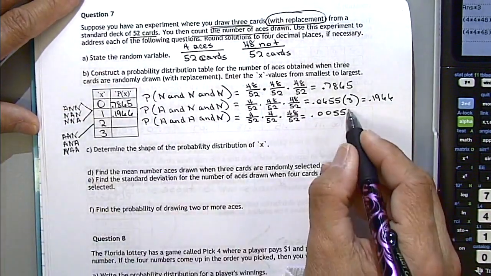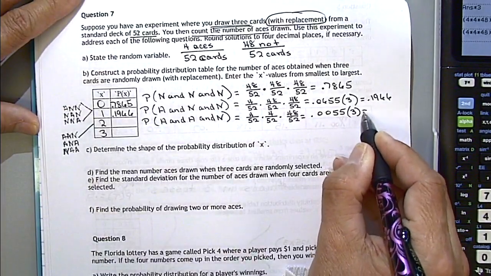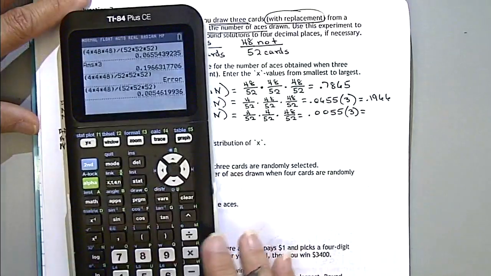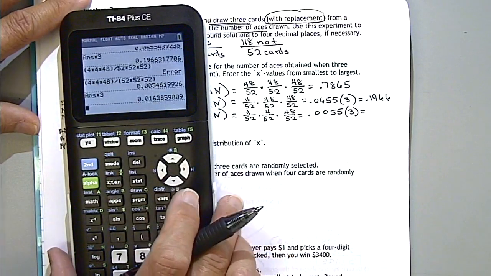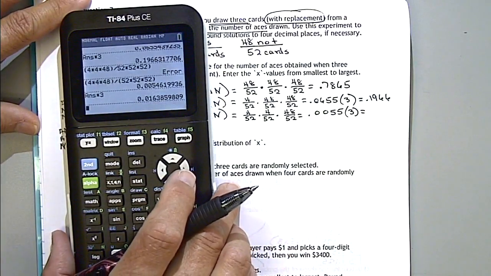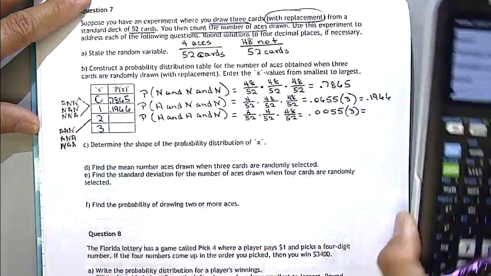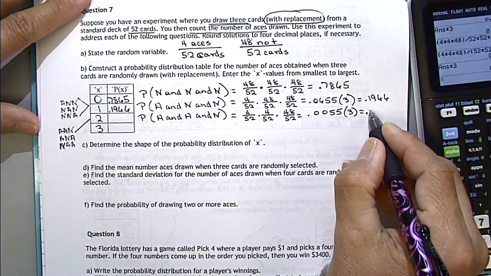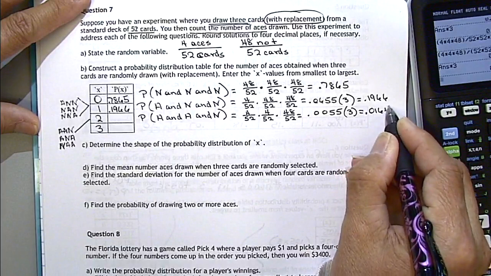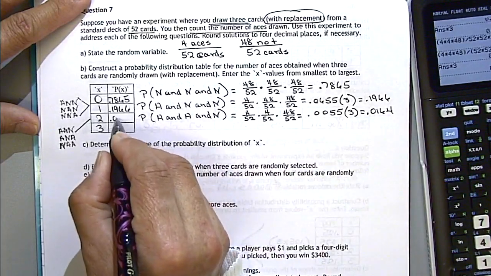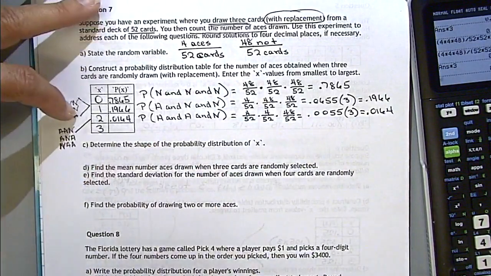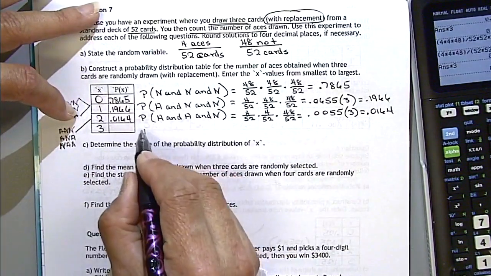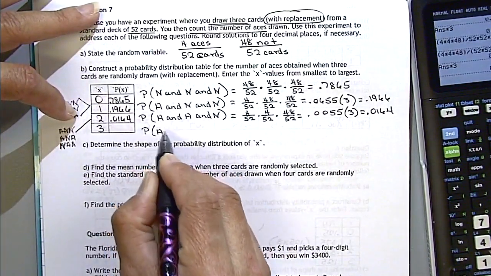So this one's going to also be multiplied times 3. So when I say my answer here times 3, I get 0.0144, and that's going to be that probability.